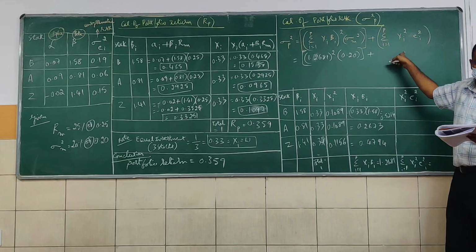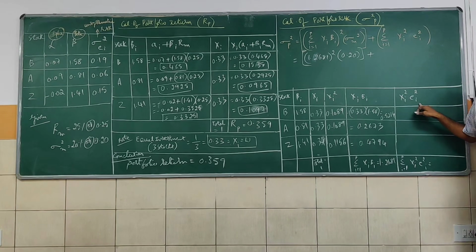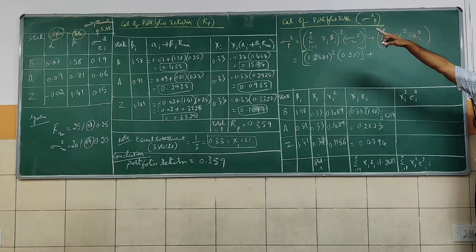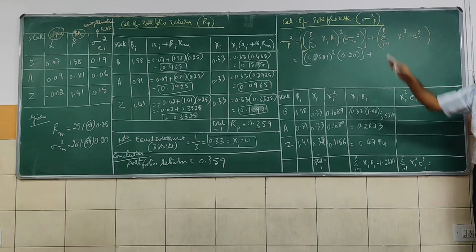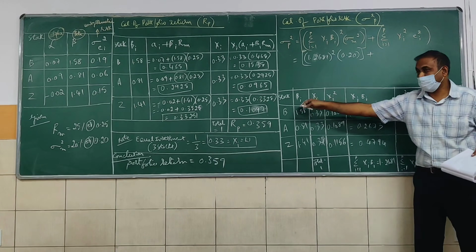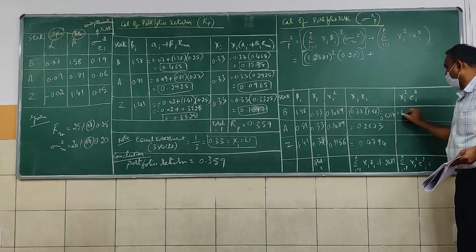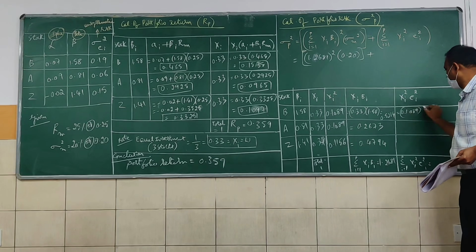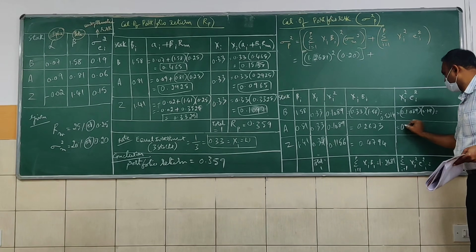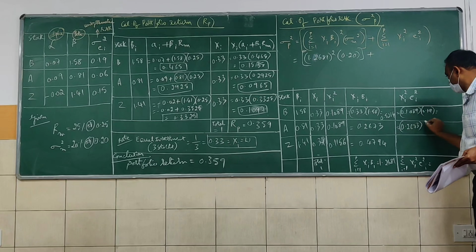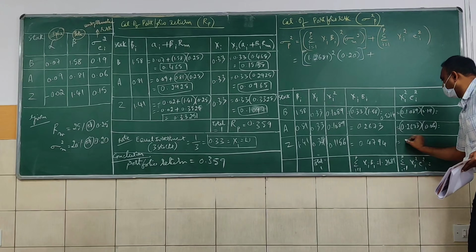We have to go for the second portion of it. That is Xi square into the unsystematic risk given in the question. Or if you want, you can add a column here also. Along with beta and Xi, you can have a column of that also if you want. 0.1089 into 0.19. 0.0206.